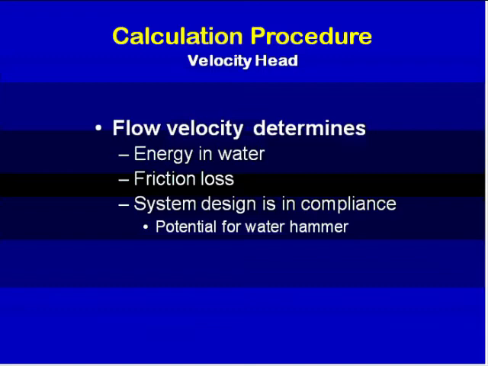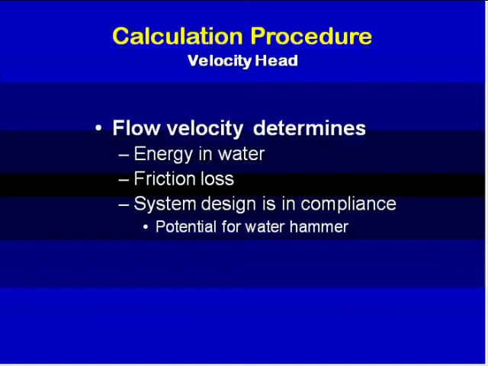pipeline itself. And water hammer is a phenomenon that occurs based upon the momentum of water moving in a given direction, and it comes in contact with a major change in direction, like an elbow or a T. That water might be going horizontal towards the T, and eventually the only direction it can go is vertically up out of the T. That change in direction has to absorb the momentum of the water moving in the horizontal direction.